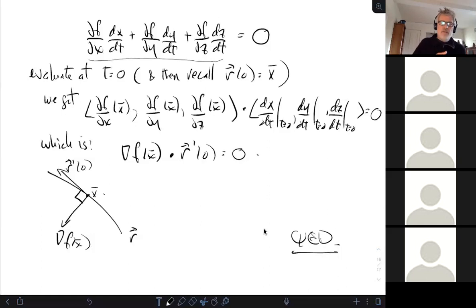Remember the intuition, and remember the chain rule, which is used to get to this. I'll stop here, and next time I will refresh your memory about this and see how we can use that to compute tangent planes to surfaces.